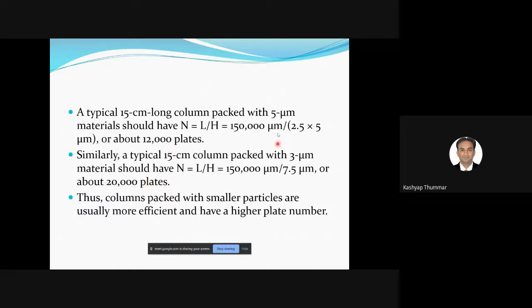Same column, just changing the particles from 5 micron to 3 micron, we have increased almost 8,000 plates. Thus columns packed with smaller particles are usually more efficient and have a higher plate number.